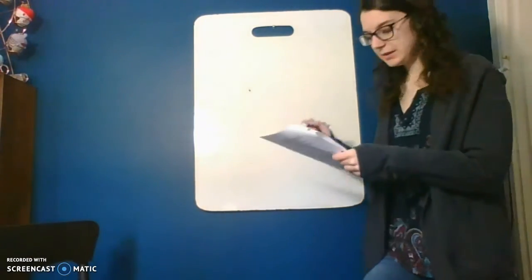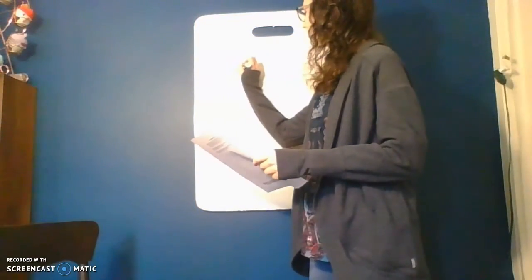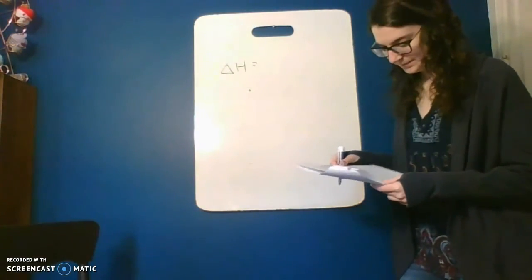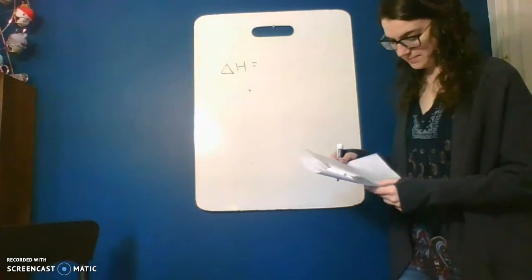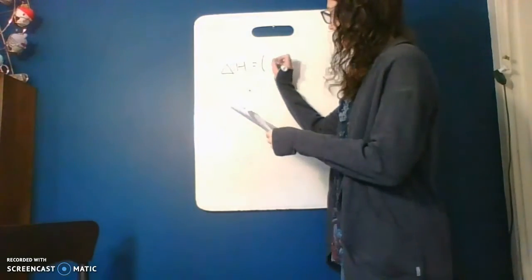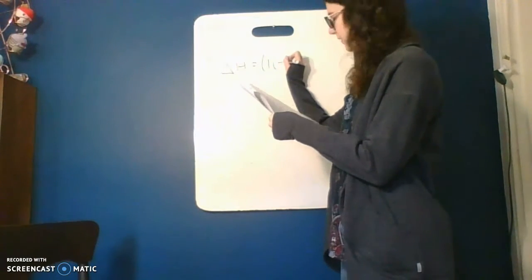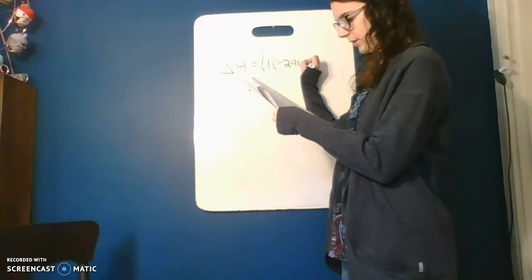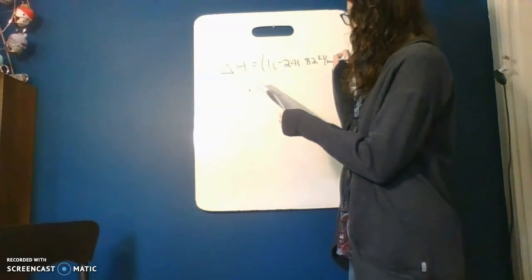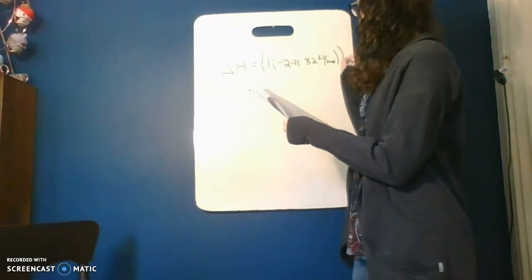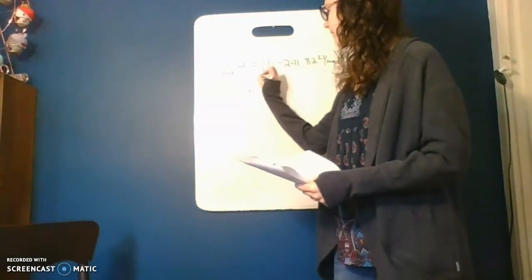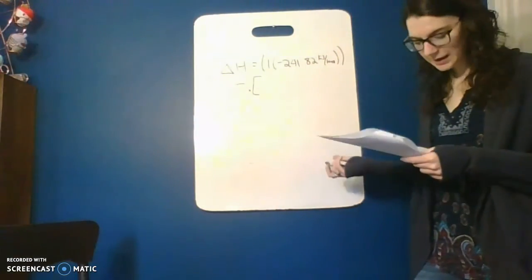So if I go to the back of my textbook, I look at the enthalpy formation of my product, which is gaseous water, and that is equal to 1 times negative 241.82 kilojoules per mole. Okay, and that is all the product that I have. From that, I'm going to subtract the standard heat of formation for my reactants.